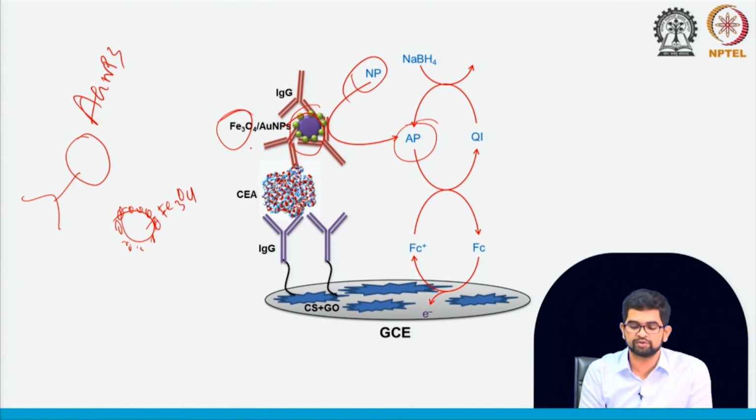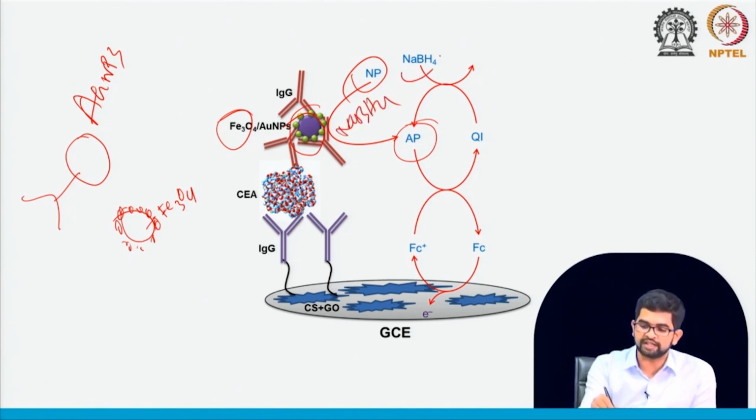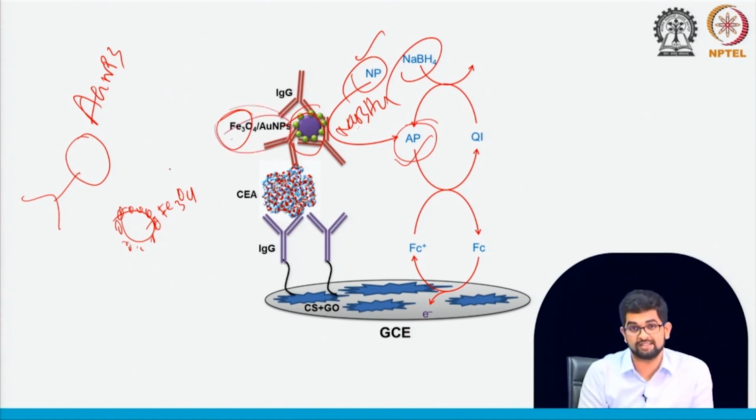This is the nanomaterial we use, and we use sodium borohydride as a reducing agent, and this sodium borohydride can reduce nitrophenol to aminophenol only if this Fe3O4 gold nanoparticle composite is present.